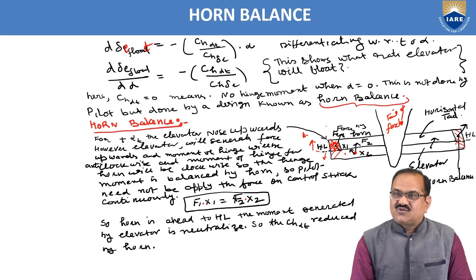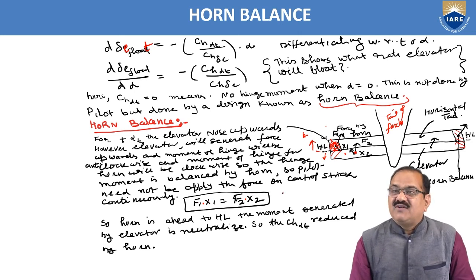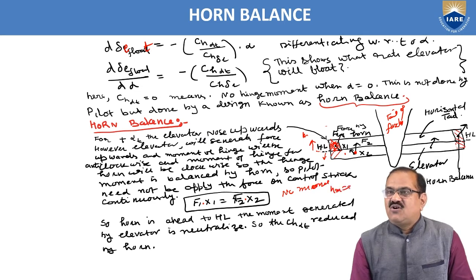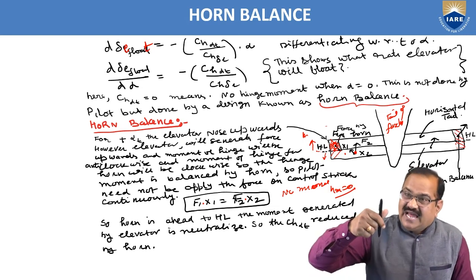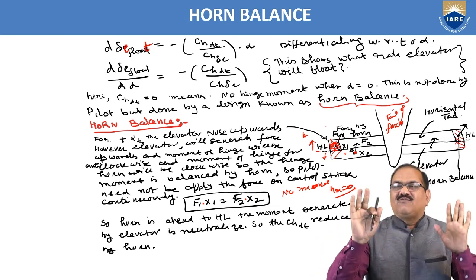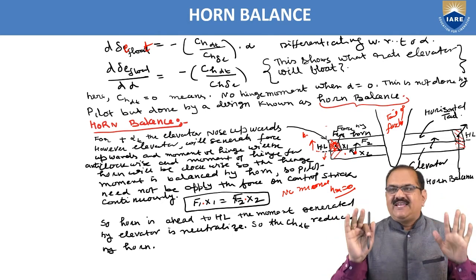If F1 X1 is equal to F2 X2, there will be no moment, and so the hinge moment will be 0. So the pilot need not apply any force; he can leave the stick in the new position and it will remain there without applying any force.